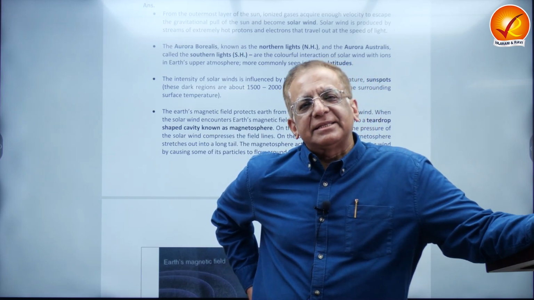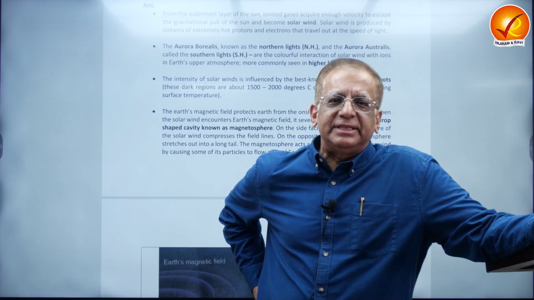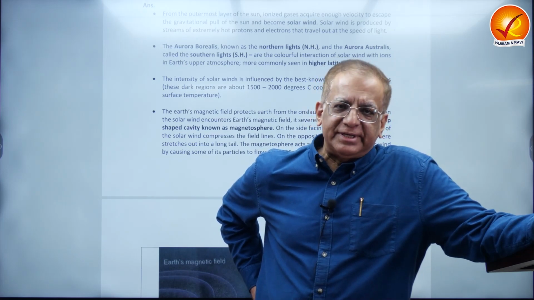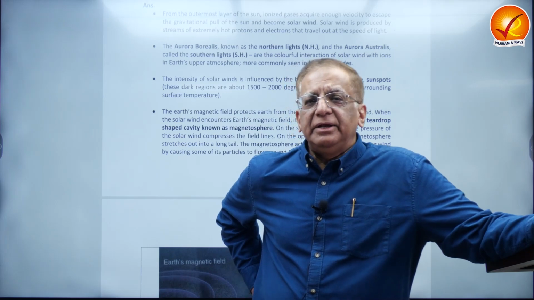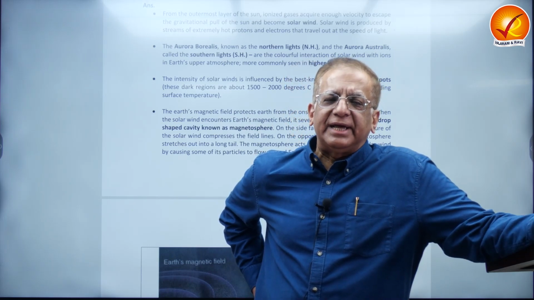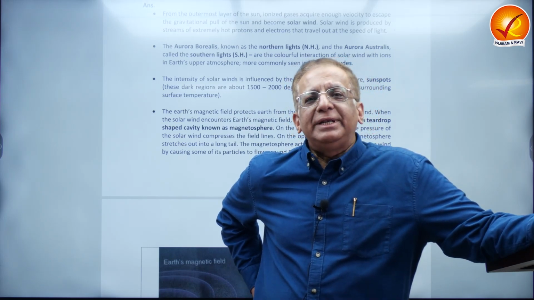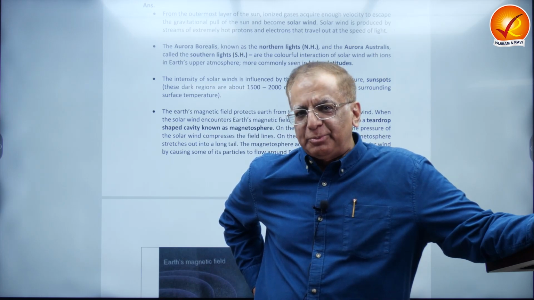It means sometimes these lights are seen as far south in the northern hemisphere, say southern US. But most of the time when the sun is not in its active period, we see this particular colorful kind of show only in the polar region, the higher latitudes of both the hemispheres.